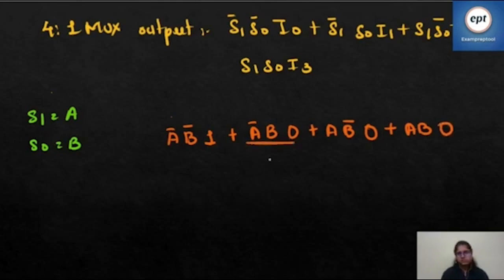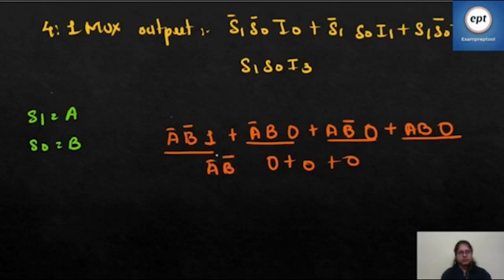So this term will be 0, this term will be 0, this term will be 0. Okay, and what this term will be? A bar, B bar, which is nothing but NOR gate.